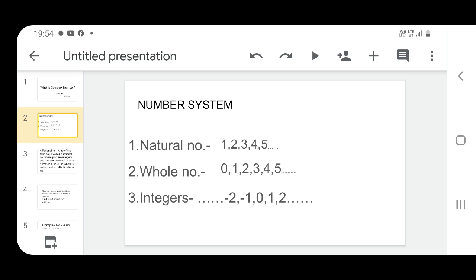So we introduce the number 0, which is included in whole numbers. Whole numbers start from 0 and go on, but never end, and we don't have any largest whole number. Then for the negative numbers, we introduce integers. Integers include negative as well as positive. We don't have any smallest or largest integer.